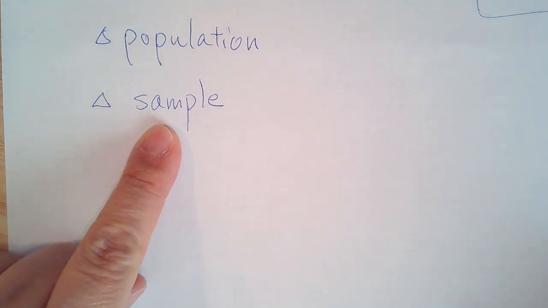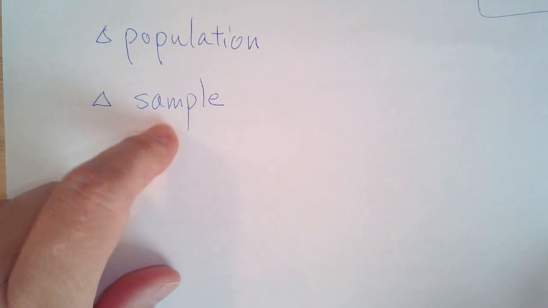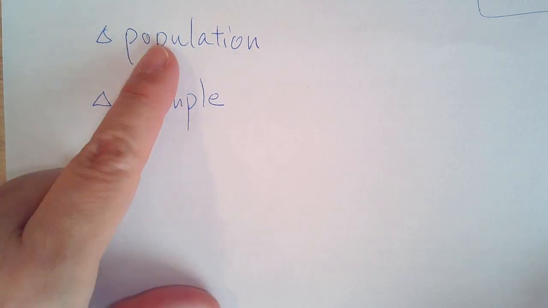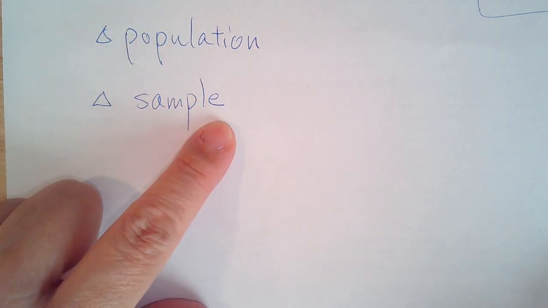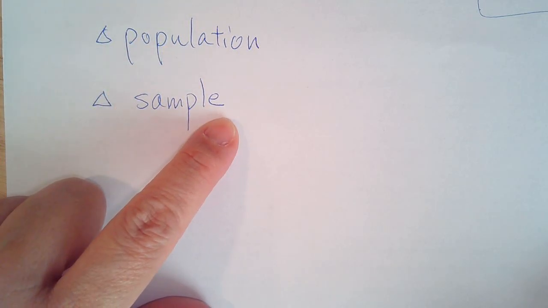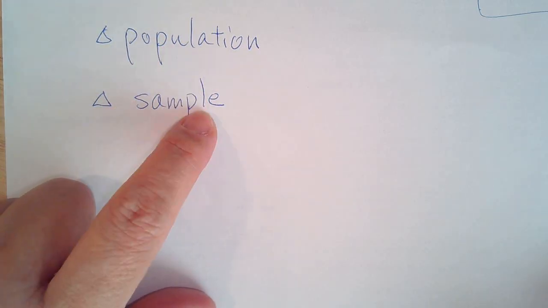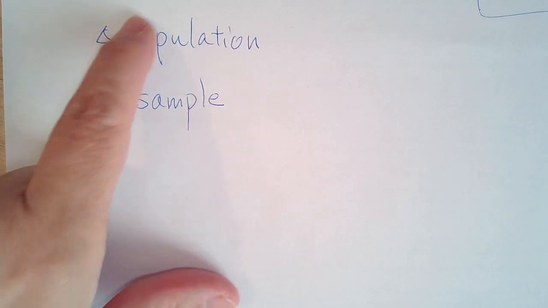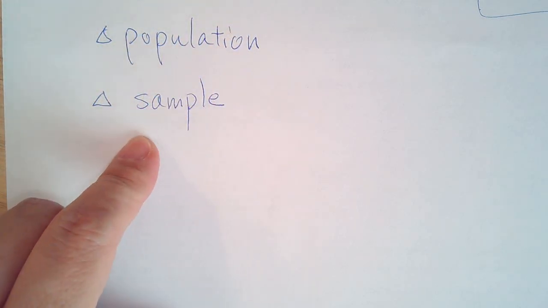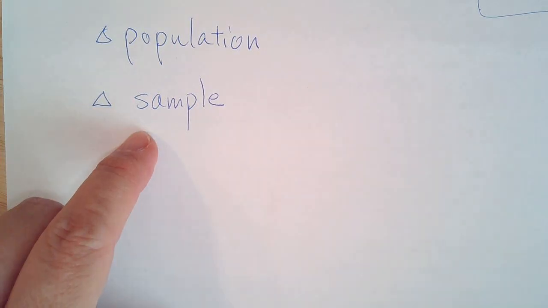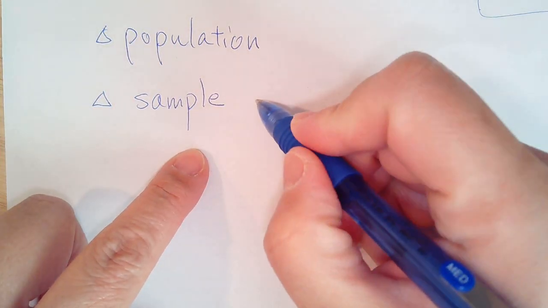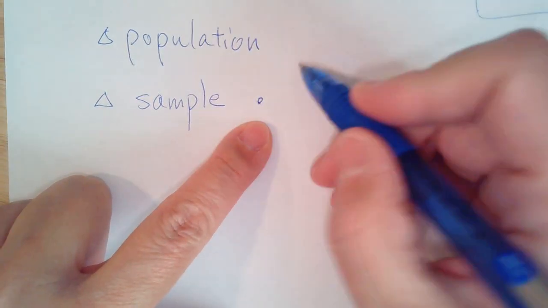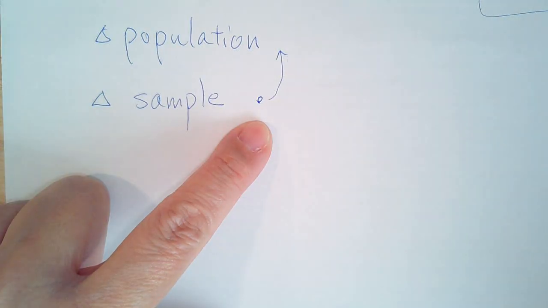A sample is a subset of the population. So it's a part of the population. You're going to choose the sample, or we call that a sub-collection of members selected from a population. You see the difference between these two? Population is everybody in the universe, and a sample is just part of it. We get the data from the sample, so we can get some conclusion about the population.